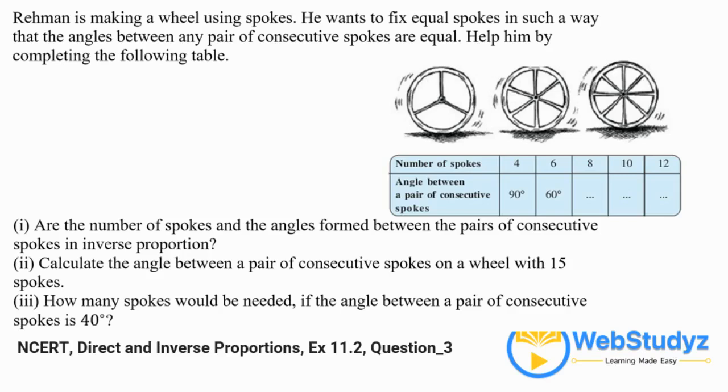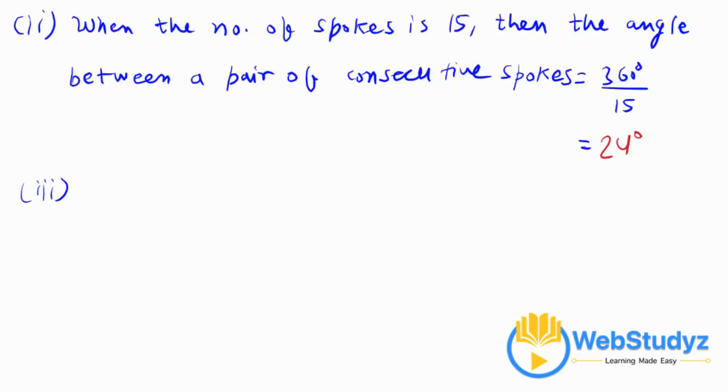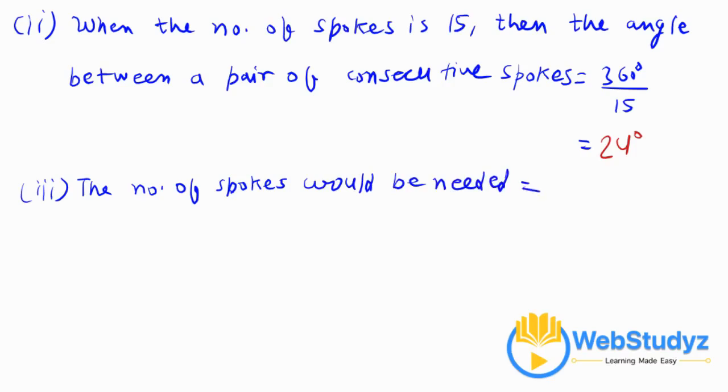Now move on to the third question: how many spokes would be needed if the angle between a pair of consecutive spokes is 40 degrees? So for the third, we can write that the number of spokes that would be needed for a 40-degree angle will be 360 degrees by 40 degrees, which comes out to be 9 spokes.